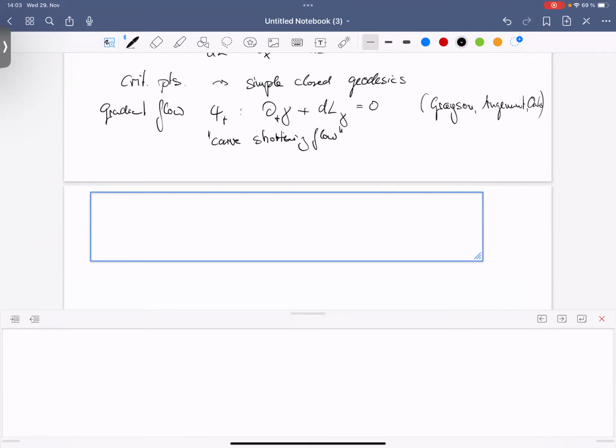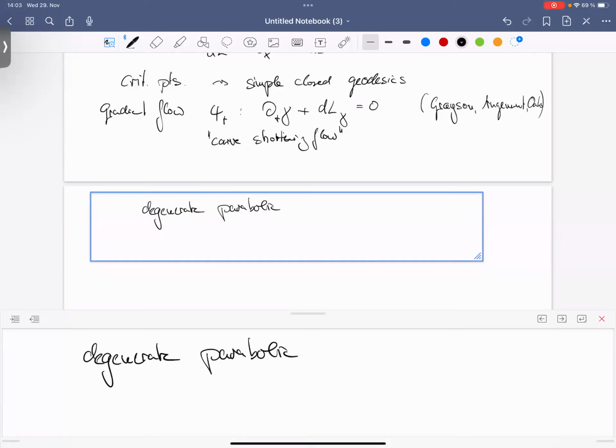The problem here is, as a curvature flow, because these things are parameterization invariant, it is actually degenerate parabolic. And in order to have a good flow, you need to get rid of the degeneracy. Yeah?